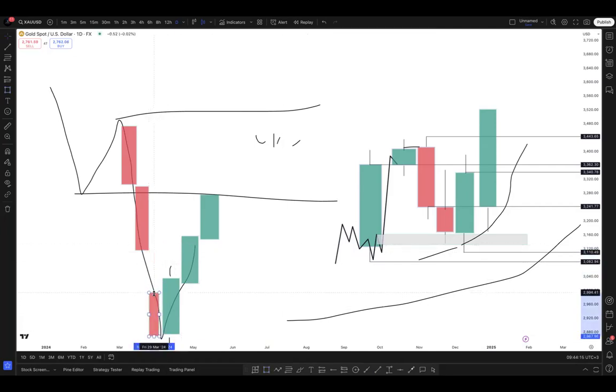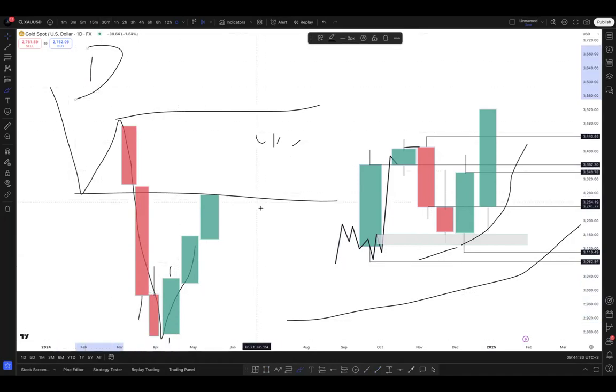Maybe now a reversal, we need to see at least a candle closing above the gap here. This can be a derivative of this one, all of it together. But as price is getting back inside, we can use these areas for continuations.